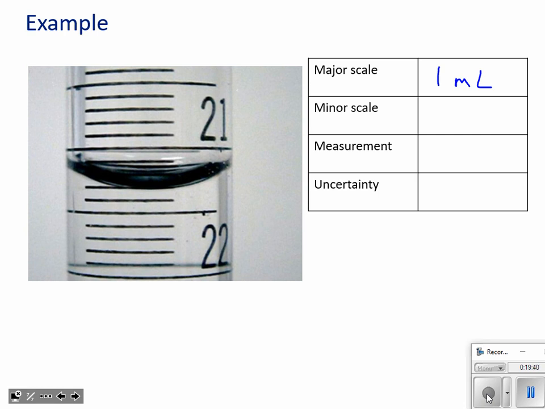So that would make my minor scale to be what, Clayton? 0.1 milliliter. So then, Carissa, that would make my uncertainty what? Plus or minus 0.05.